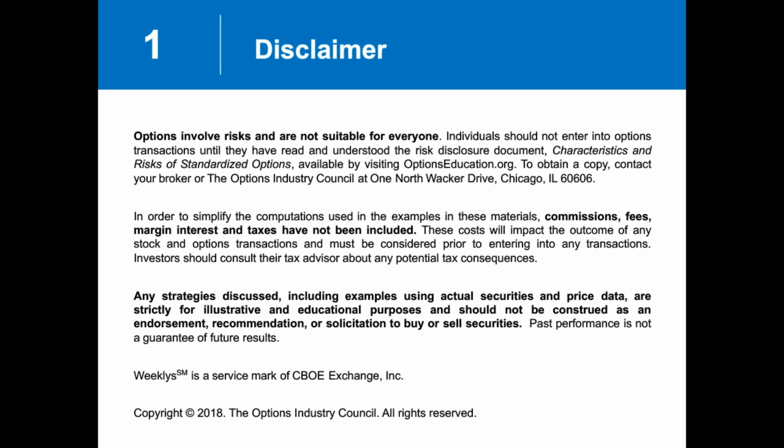It's called the Options Disclosure Document for short. It's kind of a mouthful, right? So we call it the ODD. You can get a copy at your broker. You can get a copy here from the Options Industry Council. We'd be happy to send you one. But basically when you open that account, you need to acknowledge that you understand that document.